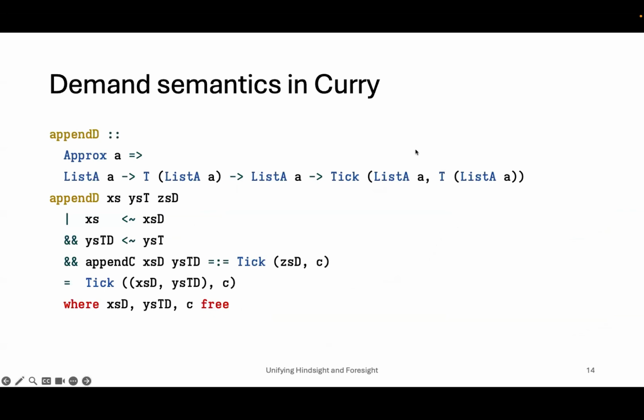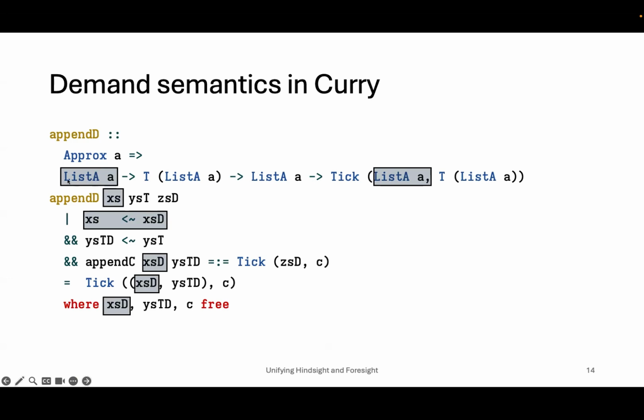So this is the way it actually looks when it's implemented. We have this appendD function, which is the counterpart to the appendC function I showed before. Here, I've highlighted everything that represents either the first list input argument or a demand on it.